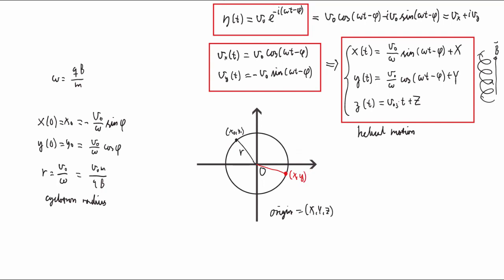Now to complete this analysis, I'm going to ask you two questions. The first question is, where is phi here? If you were to draw phi in this figure, where would you draw it? Second question is, is the movement of this particle clockwise or counterclockwise?